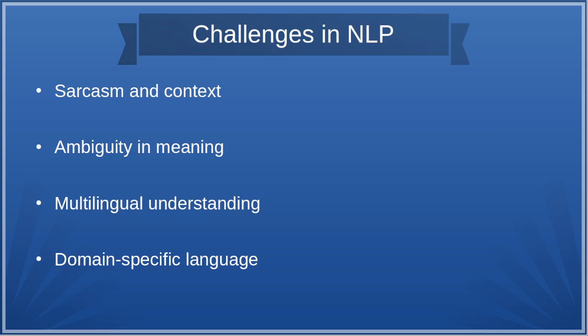And challenges in NLP, like sarcasm and context, are a bit difficult to find in the NLP process, because though we call it AI, artificial intelligence, basically it doesn't have any kind of intelligence. It's not cognitive.